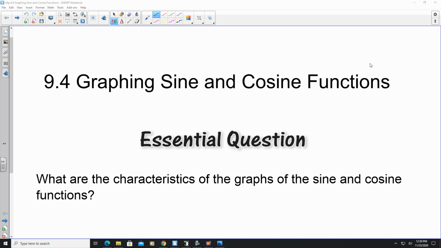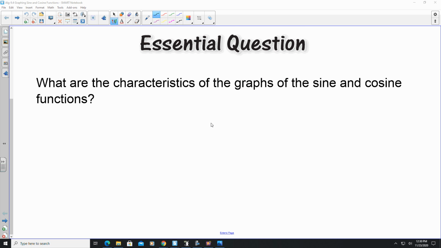So if you can remember, or at least look up, when we have sine and cosine, basically we are looking at points going from 0 to 360.